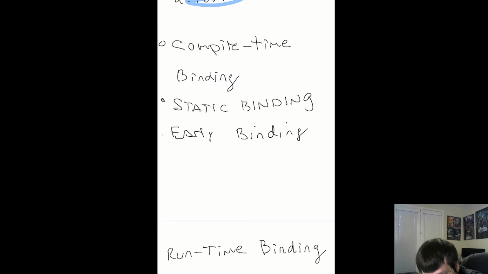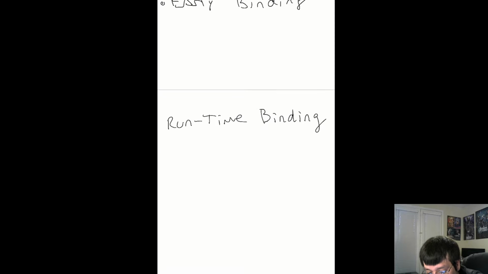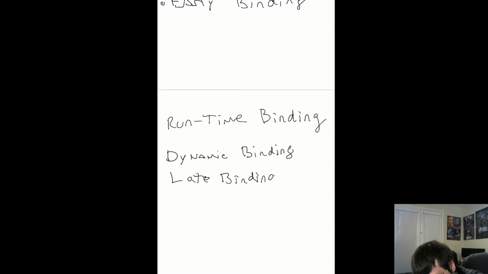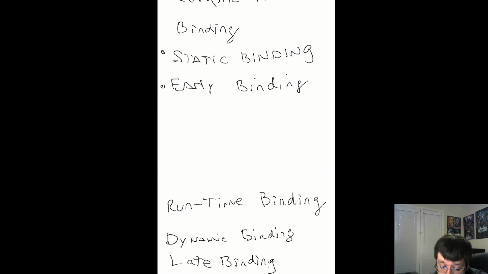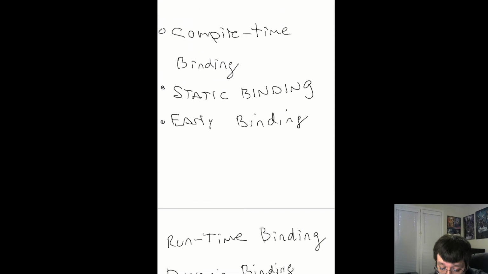So this one, and this one. And then the equivalent of these are runtime binding, dynamic binding, and late binding. Okay, so I guess early and late match, static and dynamic match, and compile and runtime match.